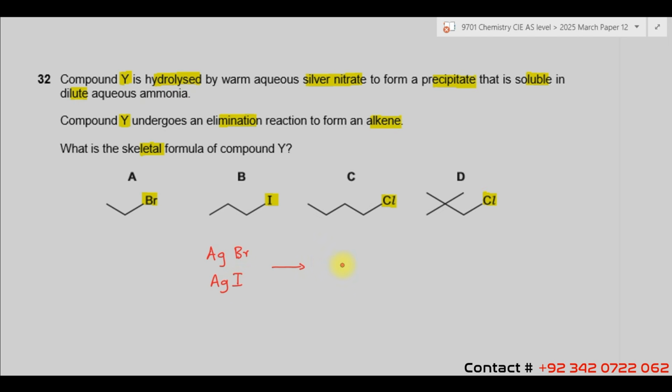But these two precipitates are not soluble in dilute aqueous ammonia. So it must be AgCl. So we have either C or D. Let's find out which one between C and D undergoes elimination to form alkene.